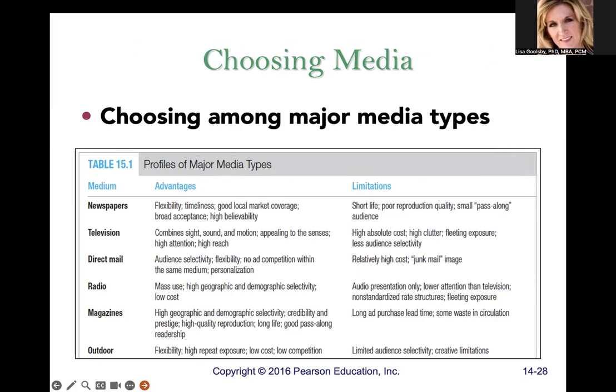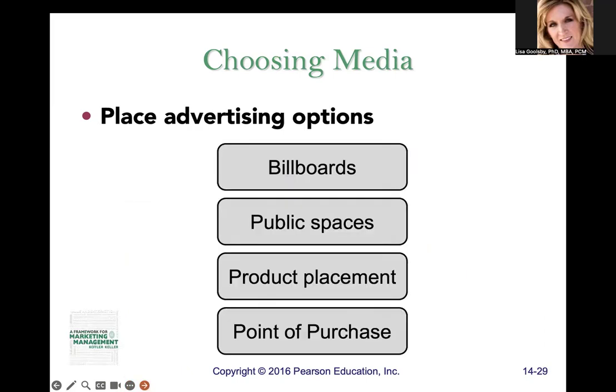Outdoor usually also falls under print. And you can see, I'm not going to read this slide to you, but this is another good slide that you could save for future, which has the advantages and limitations of each of these different channels or media that you might choose.